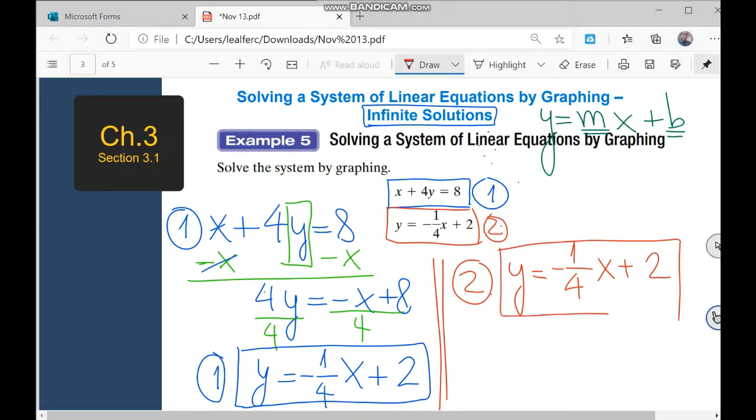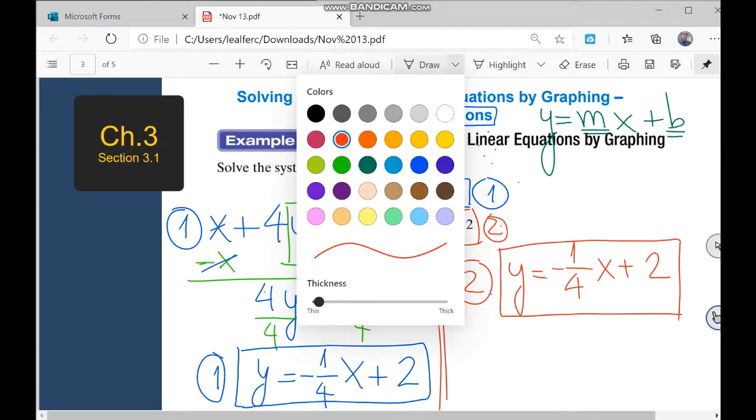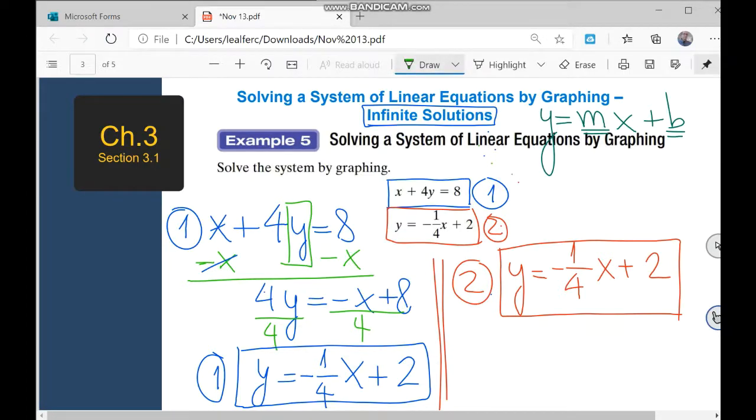What can you see? If we're thinking about changing anything to make it look like the slope-intercept form, we realize we don't need to change. It is already in the slope-intercept form, y equals -1/4 x plus 2. You don't need to change anything at all.